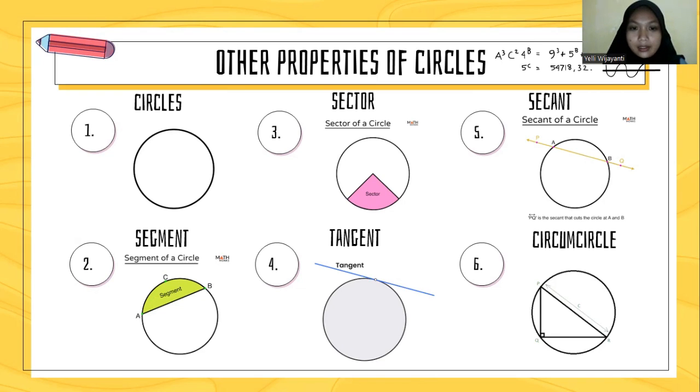And then here is the tangent. Here are the pictures of tangent. And then second, here the line means a secant of a circle. And the last one is a circumcircle. Next.